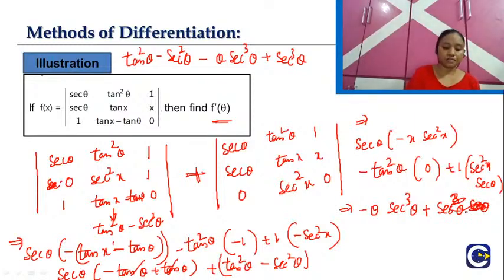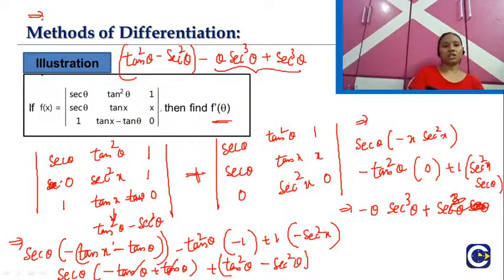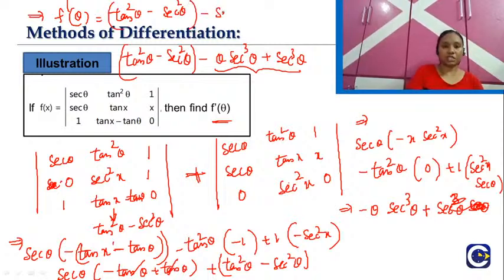Right. So here if you want to take from these two, we can take secant square theta common and leave it as secant theta into secant theta. So the final answer f dash theta will be equal to tan square theta minus secant square theta, one term. So I am taking secant square theta common from the other terms, so it will be theta secant theta minus secant theta.